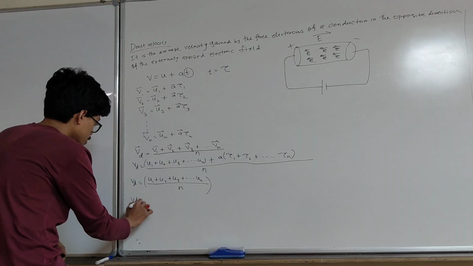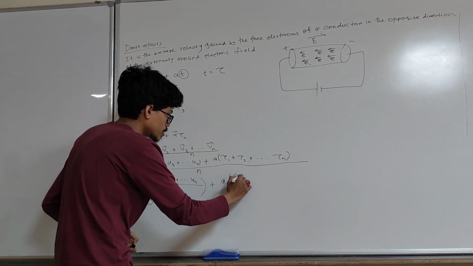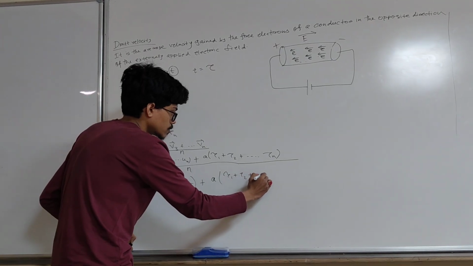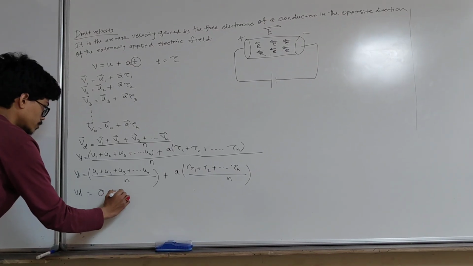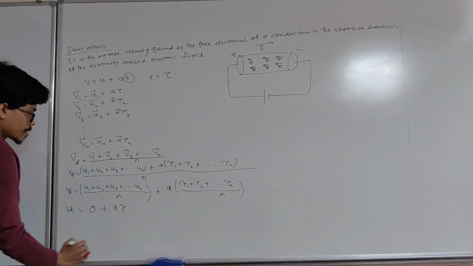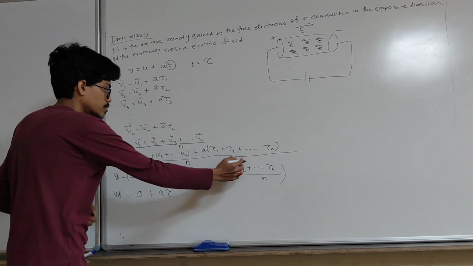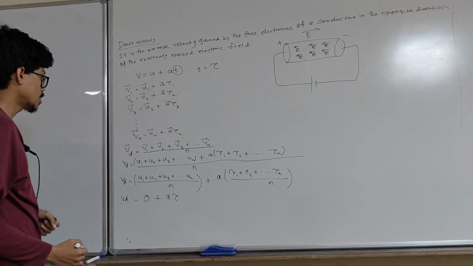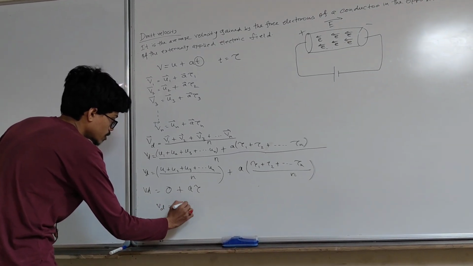So we can consider it as zero in the further stage, and it only remains like this. And this is the average tau, which is the average of all relaxation times. So Vd becomes a tau.